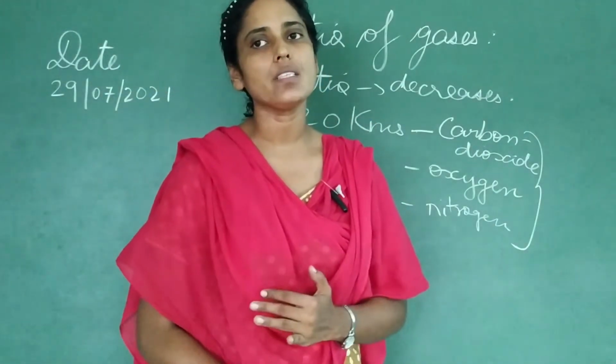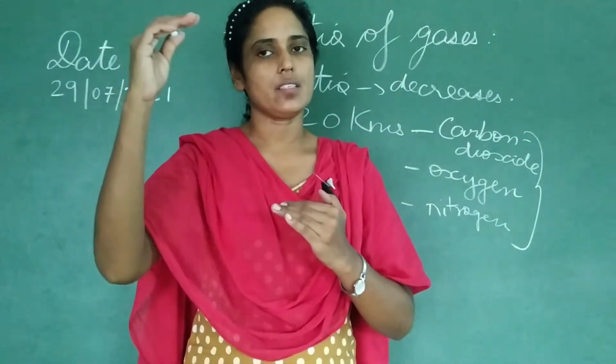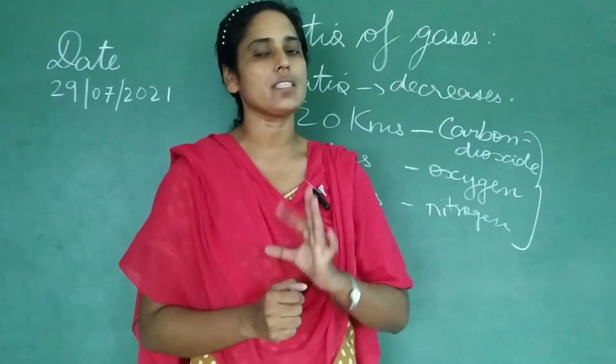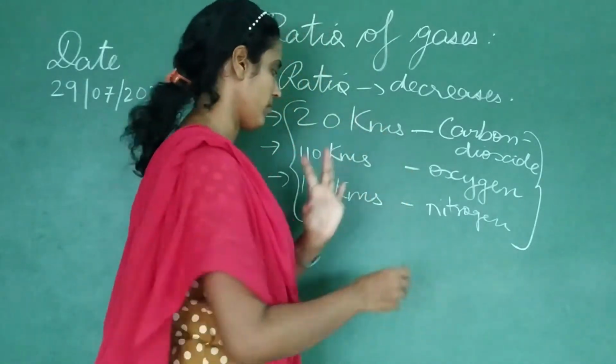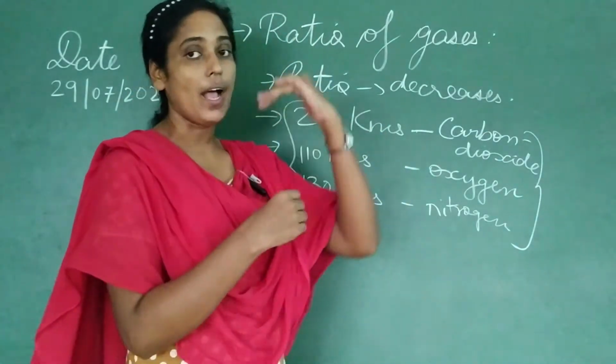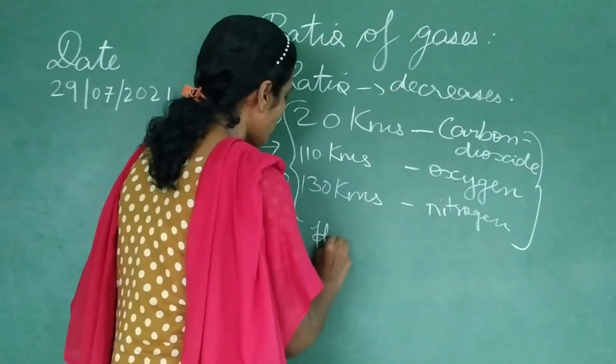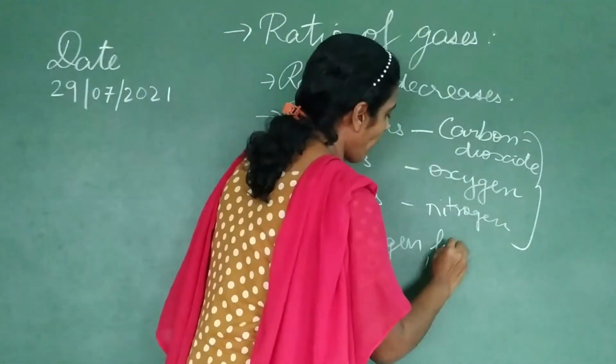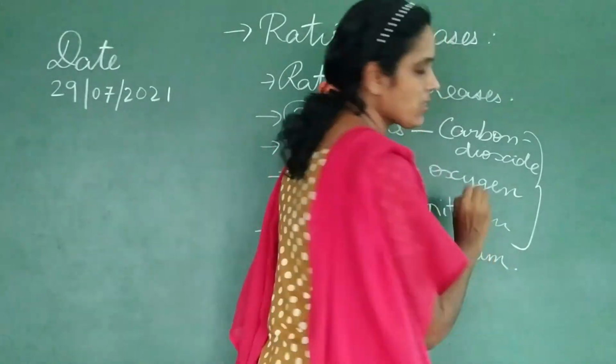And so at great height, that is at higher altitudes, there are only light gases like hydrogen and helium. At a greater height, at high altitudes, we have which gases, students? Hydrogen and helium. Okay? These are the ones existent in the greater heights.